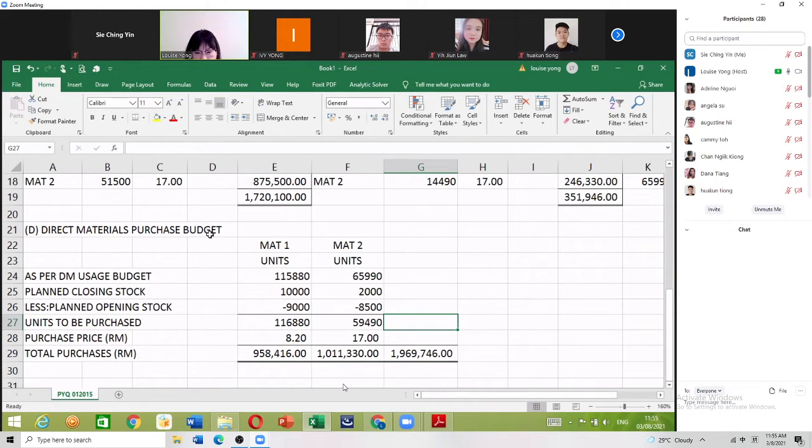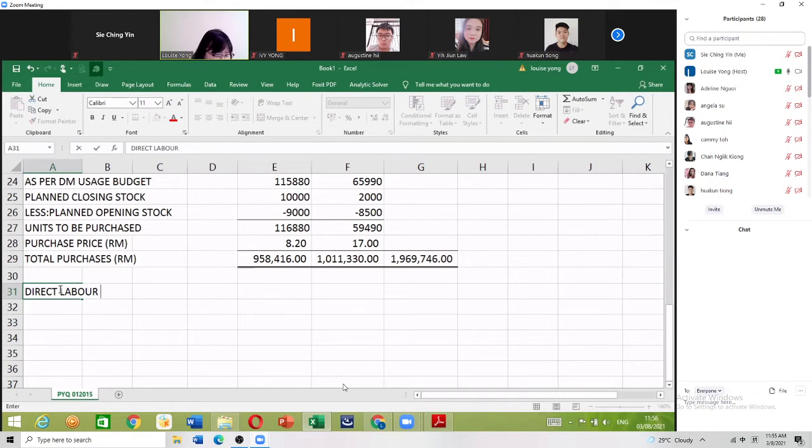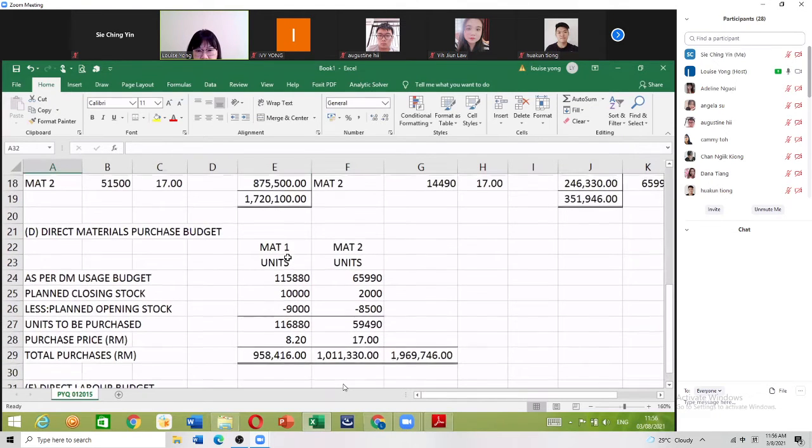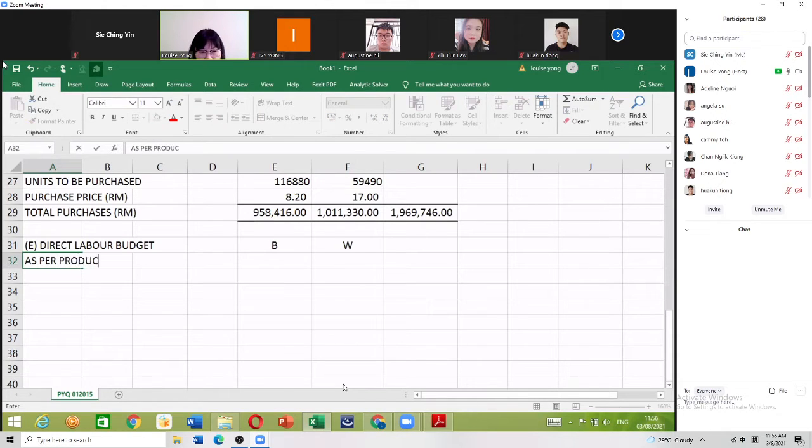It's not very difficult. Then next will be your direct labor budget, number E here. You do two products, B and W. This is based on your production budget.